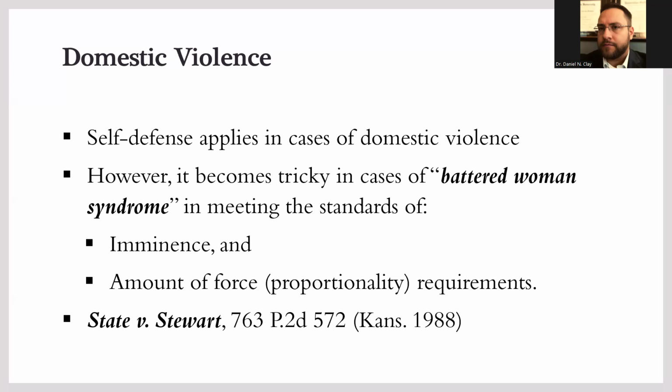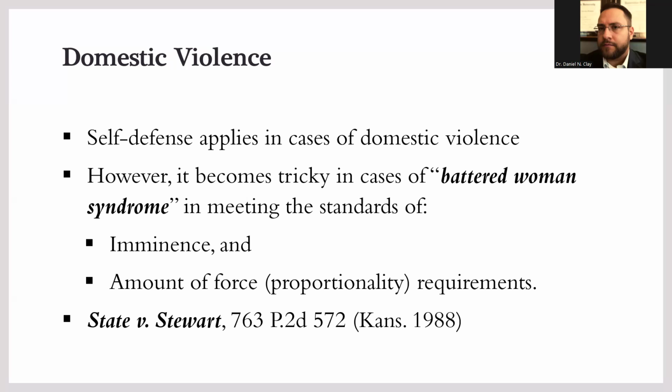So, if you all recall the case that we read for this class, State versus Stewart, this case involved a really tricky case involving battered woman syndrome. Now, again, this is not a great name because it was what it was historically called. One thing that I want to note is that the more preferred term today is battered partner syndrome or battered spouse syndrome, because the idea is anybody, not just women, can be the victims of domestic violence, right?